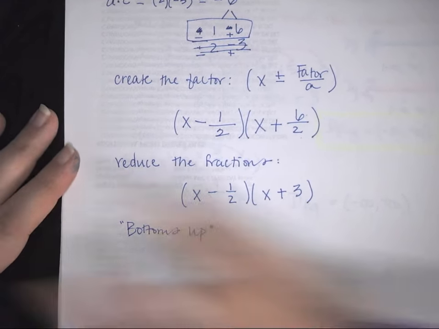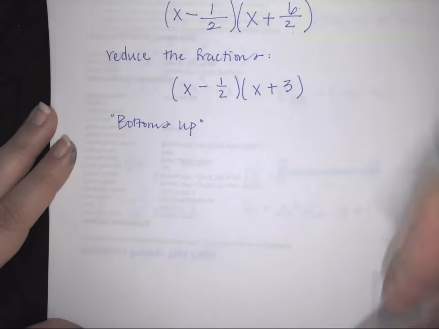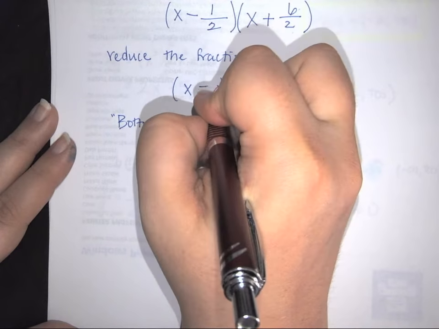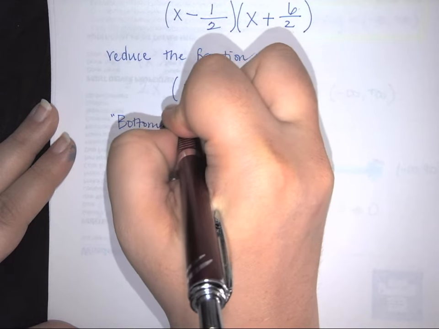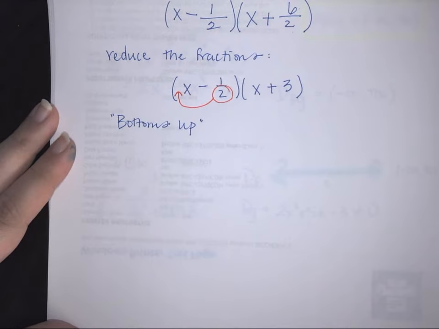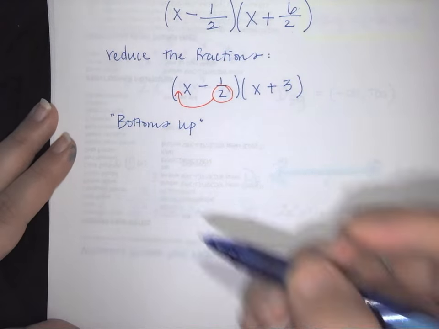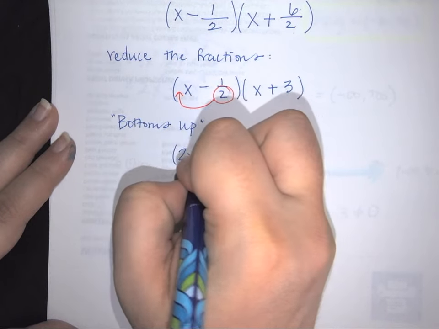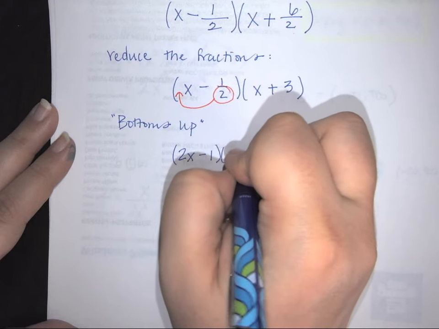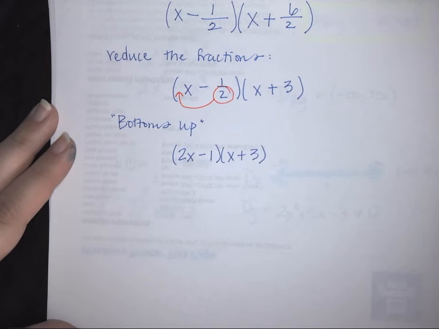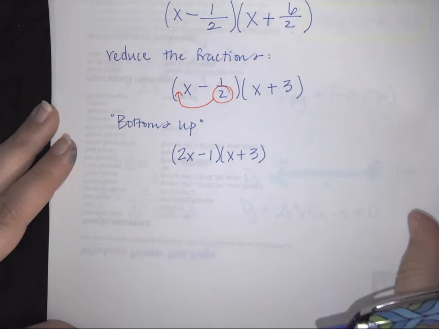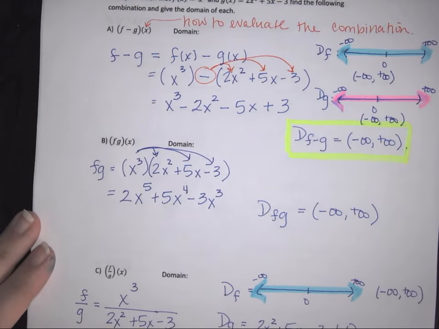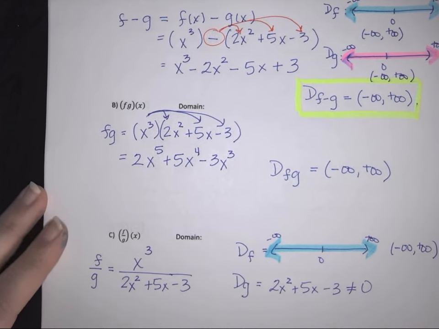Whatever you have in the bottom, this 2, is going to go up next to your variable. So my factors become 2x minus 1 and x plus 3. That's a quickie on being able to factor.